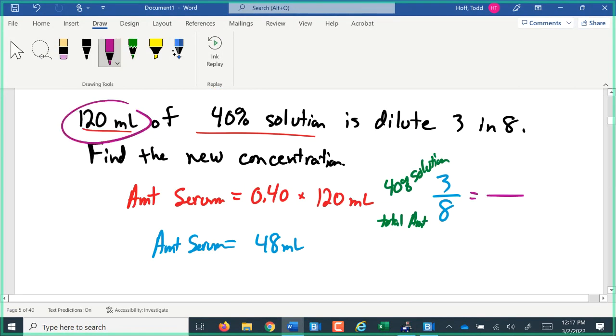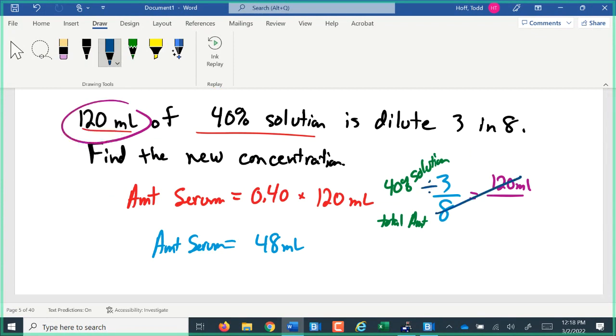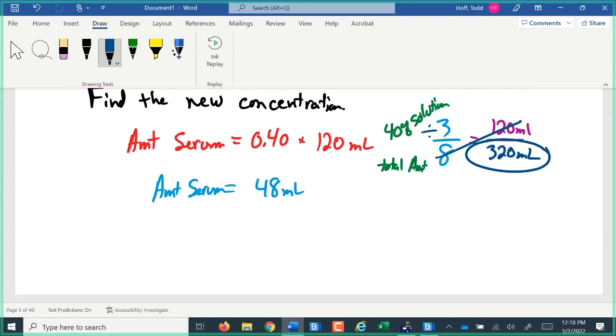We have 120 milliliters of that 40% solution. We cross multiply and divide here. 8 times 120 divided by 3 is 320 milliliters of total solution after the dilution. So that 3 in 8 dilution takes our total amount up to 320 milliliters.